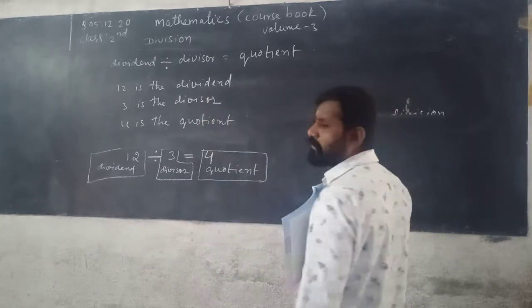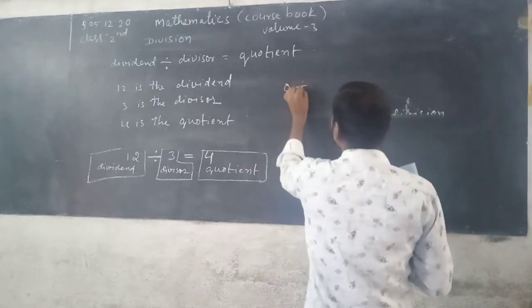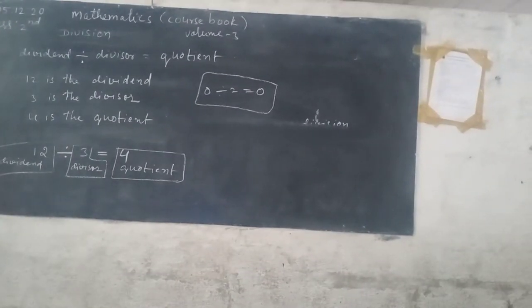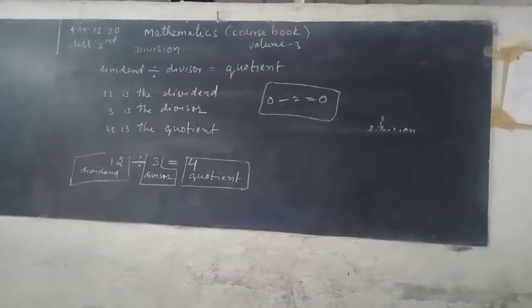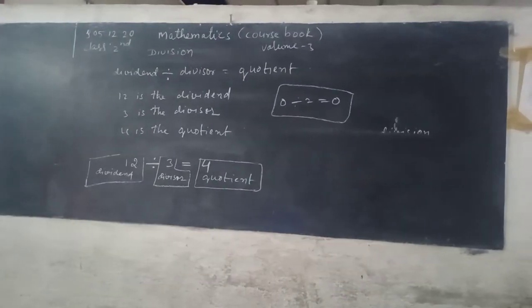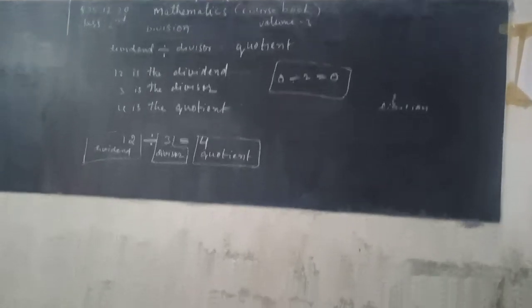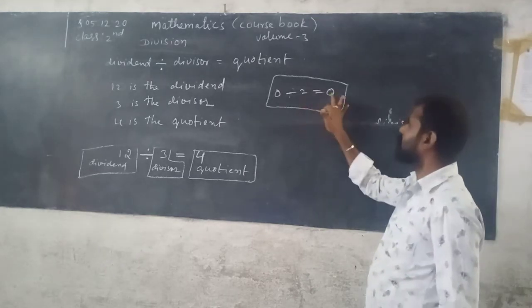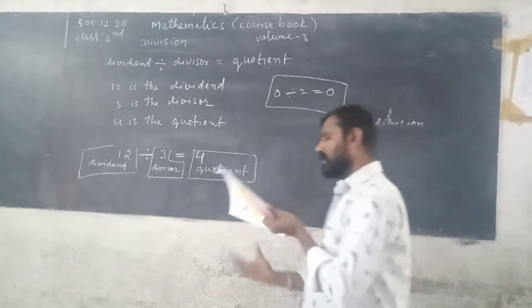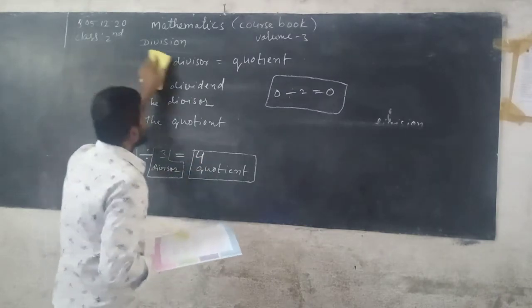So 0 divided by 2, you get 0. Did you understand?